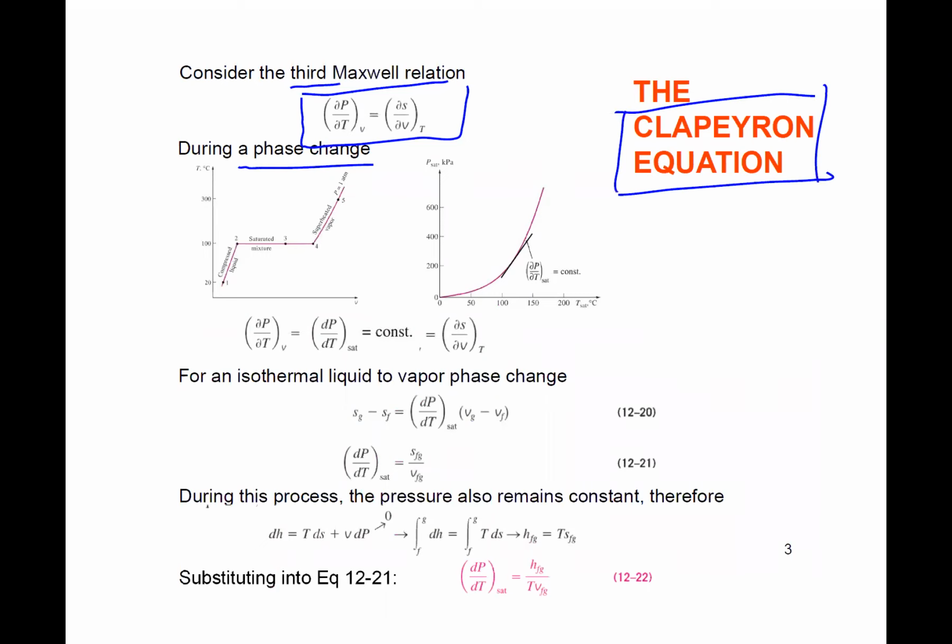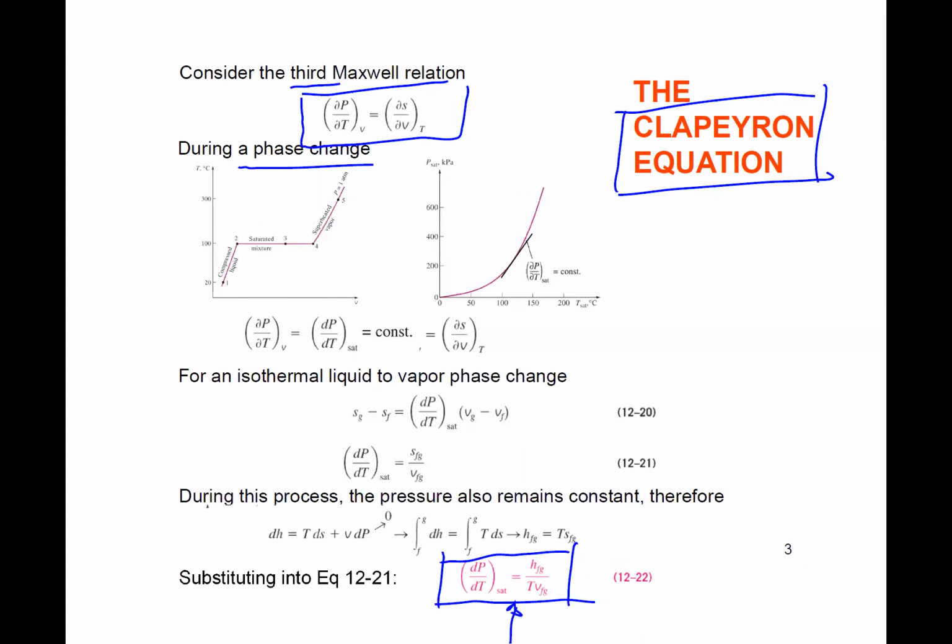Okay, so we went through, derived, and we saw for a phase change process that from that third Maxwell relationship, we simplified and substituted, and we got down to an equation right here. And I think we did either an example in the lecture slides or an example in the examples we did within that chapter on this equation.